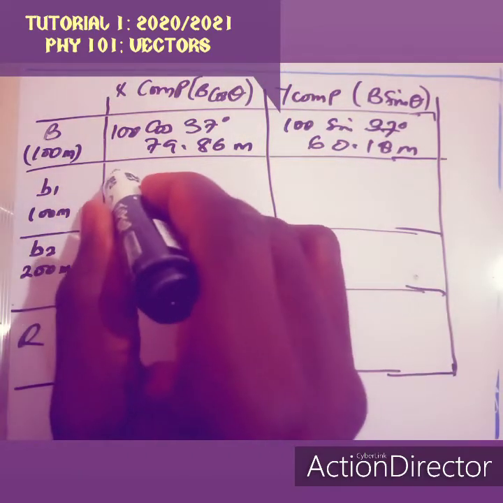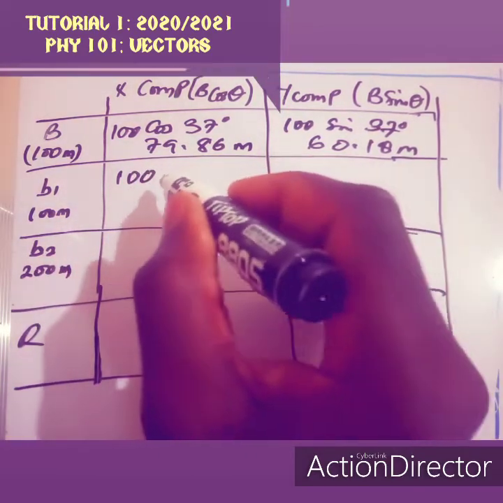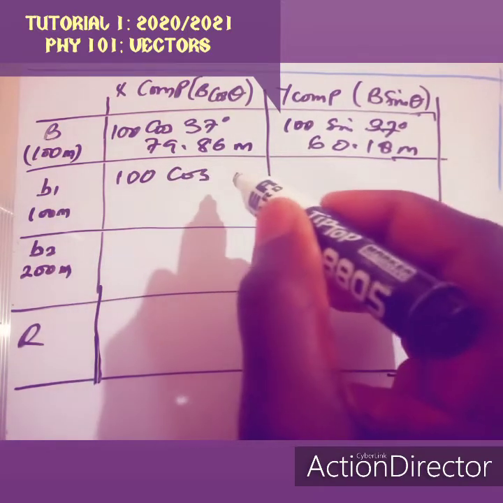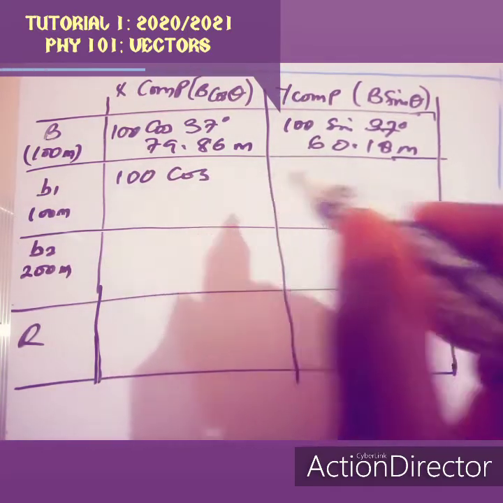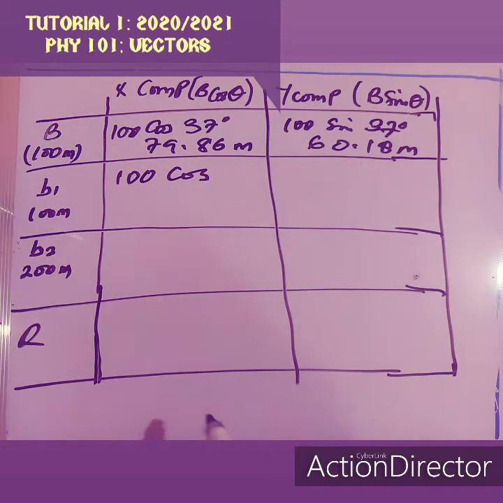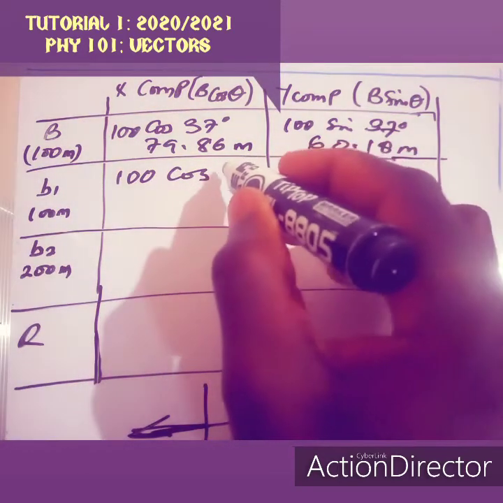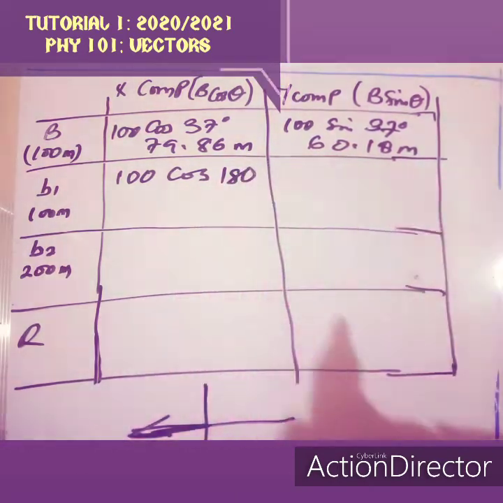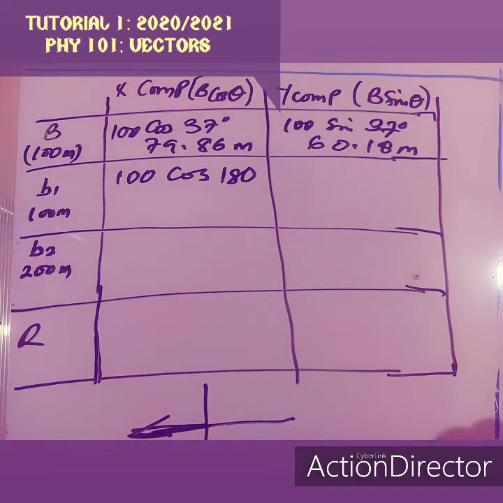We come to our B1. Our B1 is also 100. So it's a cos. Remember, our B1 was along the x-axis, meaning this side, the negative x-axis. So it was at 180 degrees. So B1 cos 180 degrees. It was along the straight line.